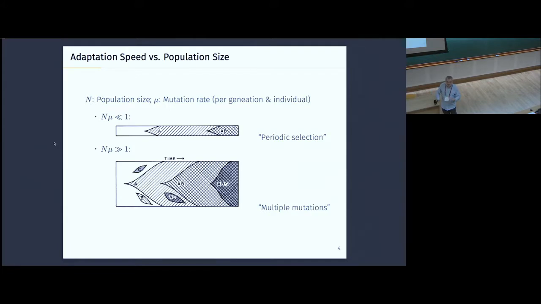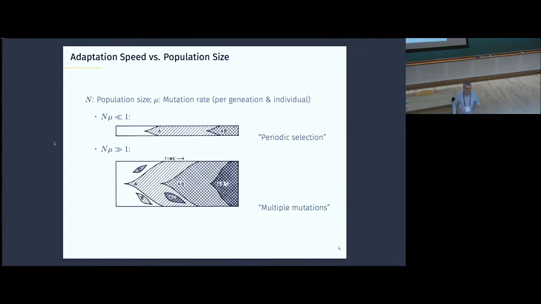So there will be a fight between the different variants, and this is due to the fact that we have clones. We have asexual reproduction, so the genome reproduces as a whole. Imagine that you have instead a population which reproduces by sexual mechanisms so that you can have recombination.